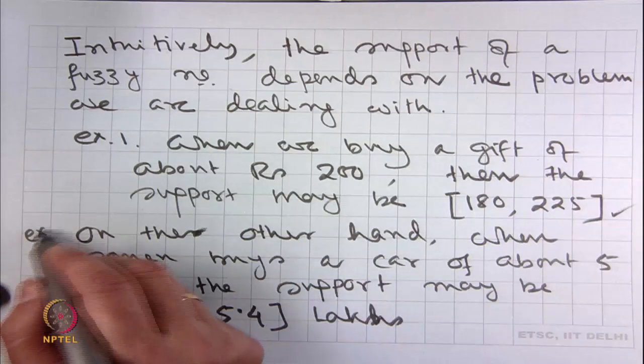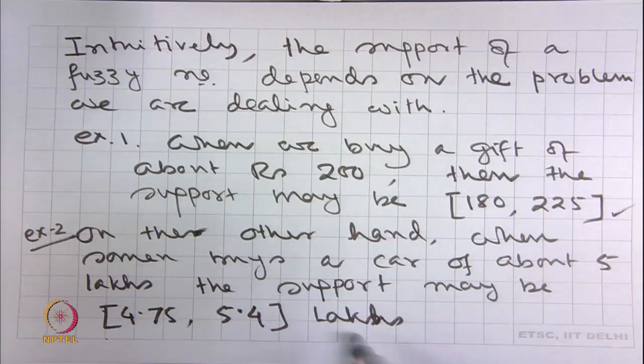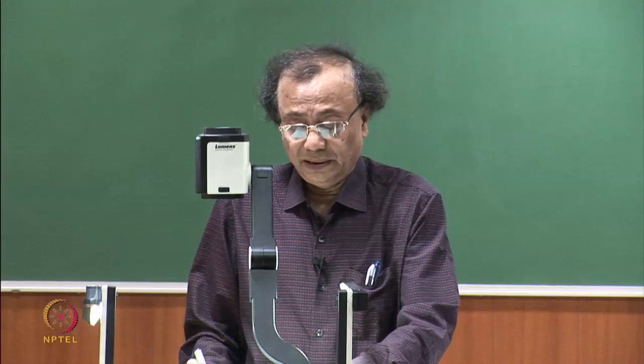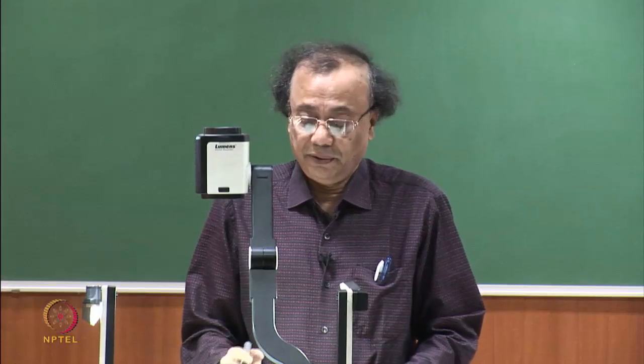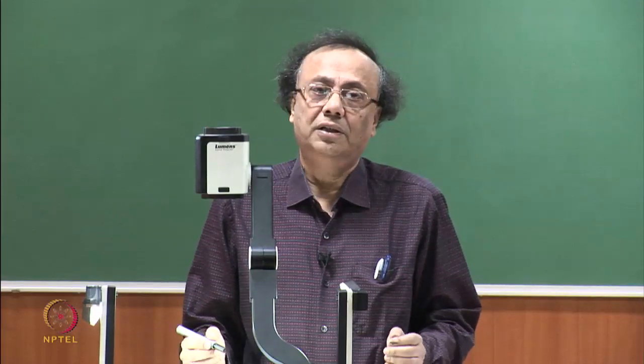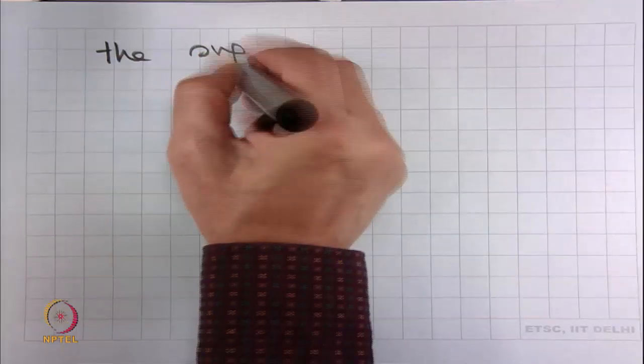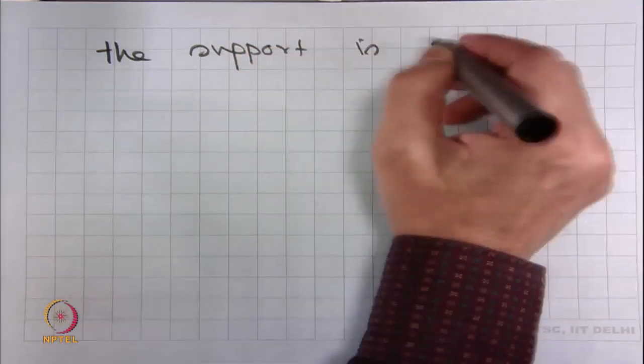We can go further, and we can feel that as the values we are dealing with get bigger and bigger, the support also can be wider and wider, but it cannot be as wide as minus infinity to infinity. So, the support for a fuzzy number is bounded.